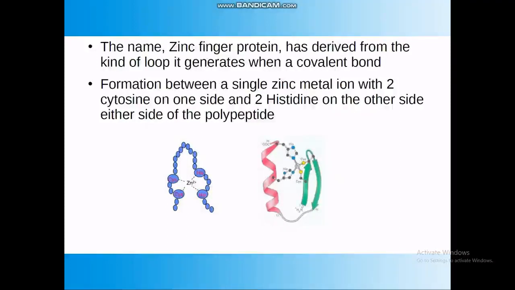The zinc finger has major functions like DNA recognition, RNA packaging, transcriptional activation, protein folding and assembly, and lipid binding.